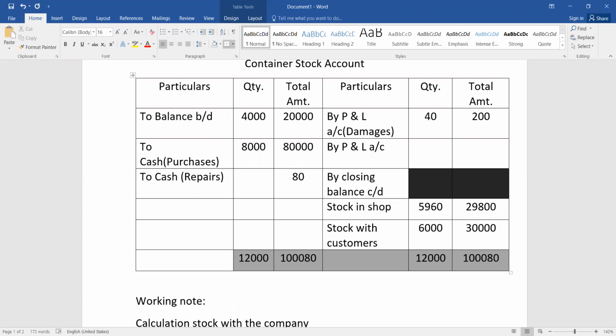This is going to be the depreciation, and it's the balancing figure. As the units are tallied, we are only going to charge the depreciation against the value of the asset. So the balancing figure is going to be 40,080.